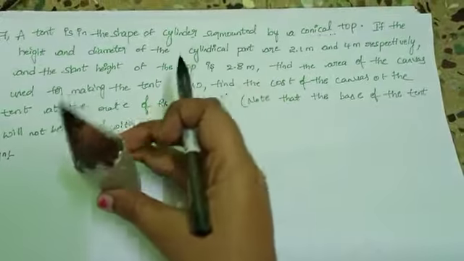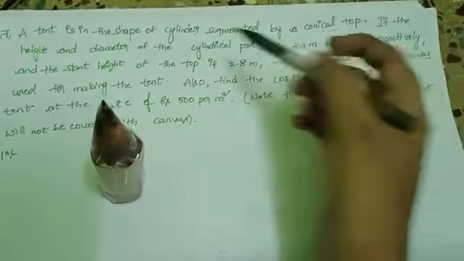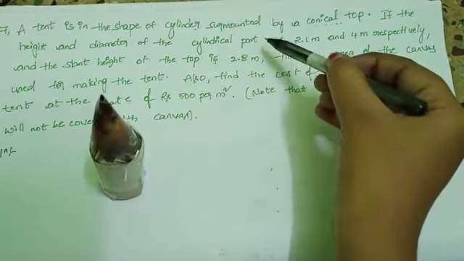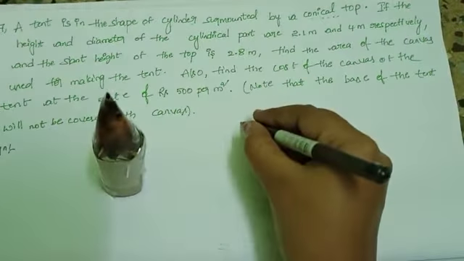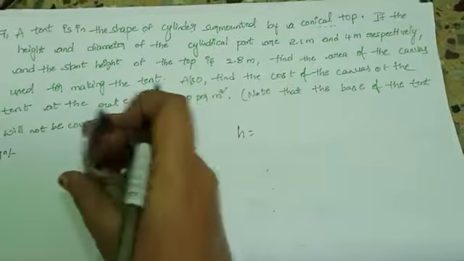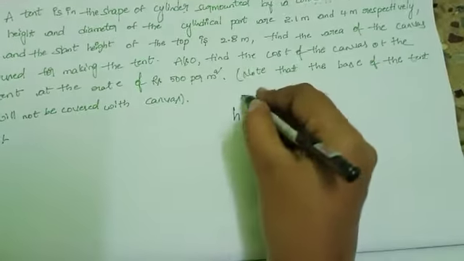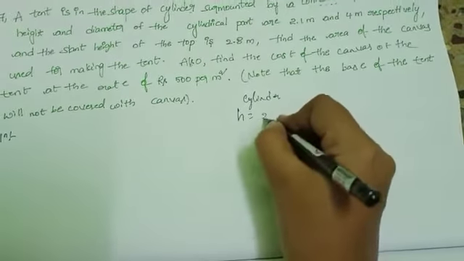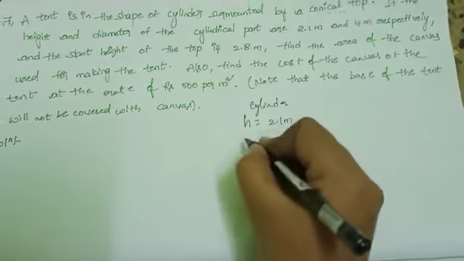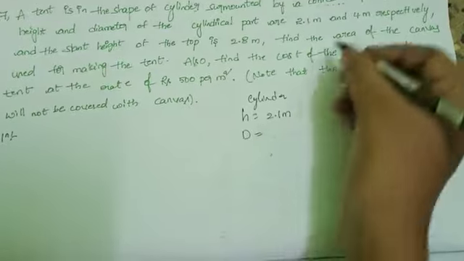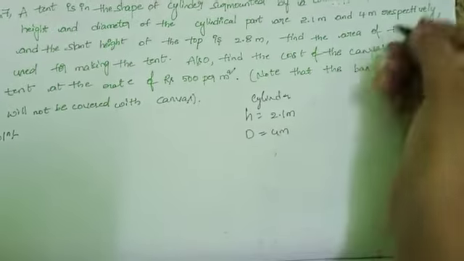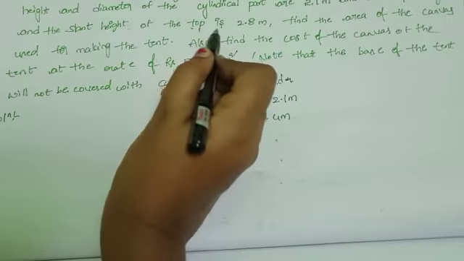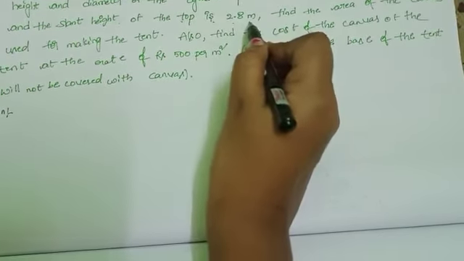This is the tent. If the height and diameter of the cylindrical part are 2.1 meters and 4 meters respectively, and the slant height of the top is 2.8 meters.